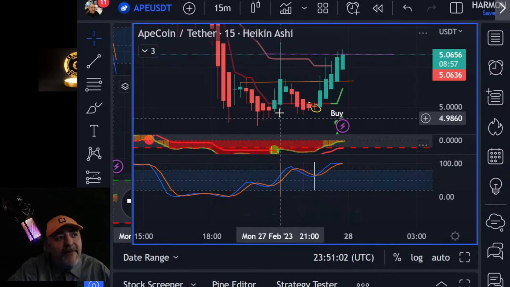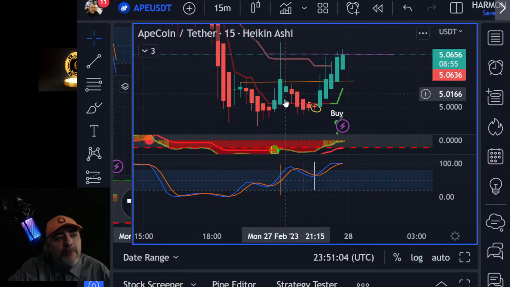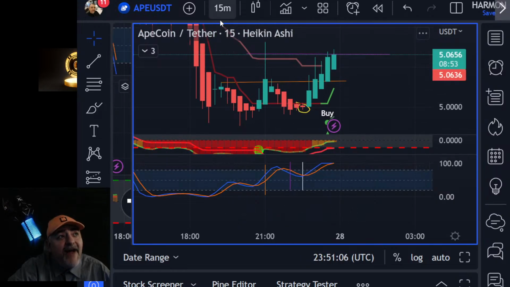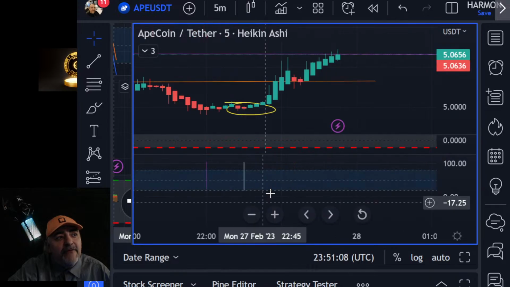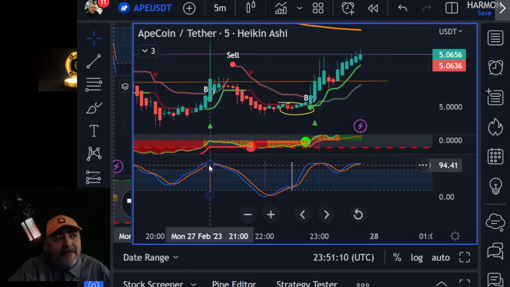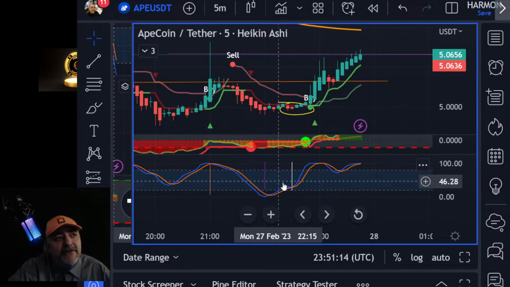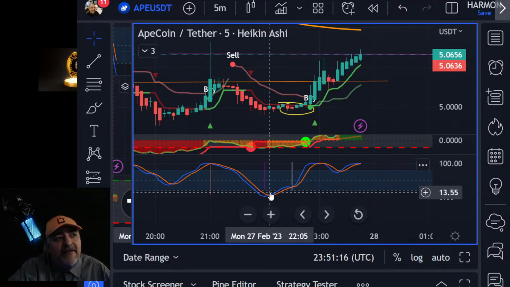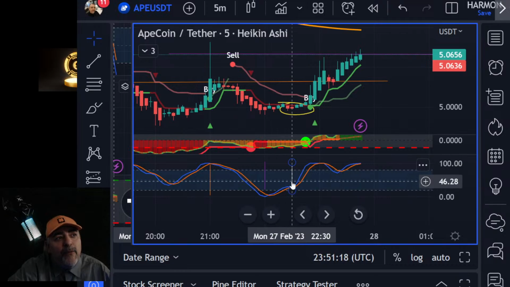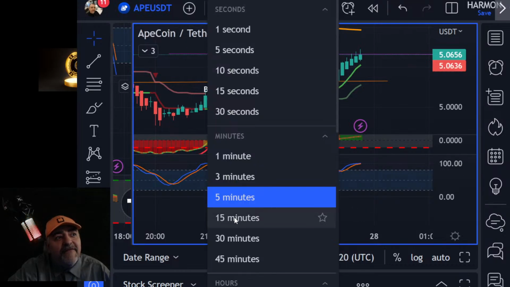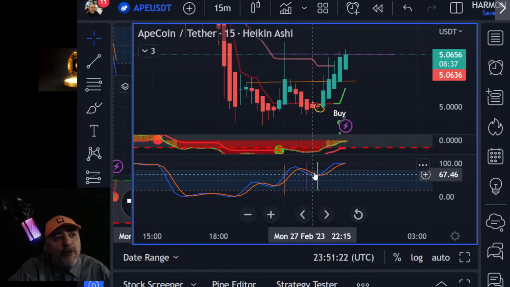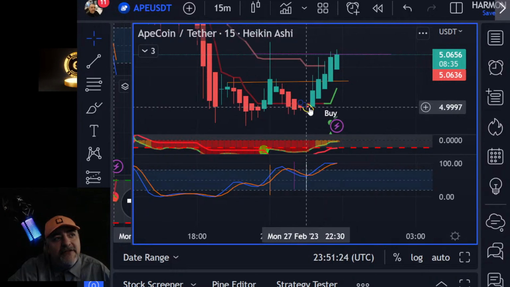It's already pumping at that level right there. That's a nice little pump. We're waiting for the 5 minute to actually retrace. Once again, take a look at the 5 minute. See, it's coming down. We let it pull down, and this is where we would enter. The purple is letting us know that we're starting to move up. The white is when the 15-minute finally goes into the cycle to go up, and that's where we should have entered this trade.